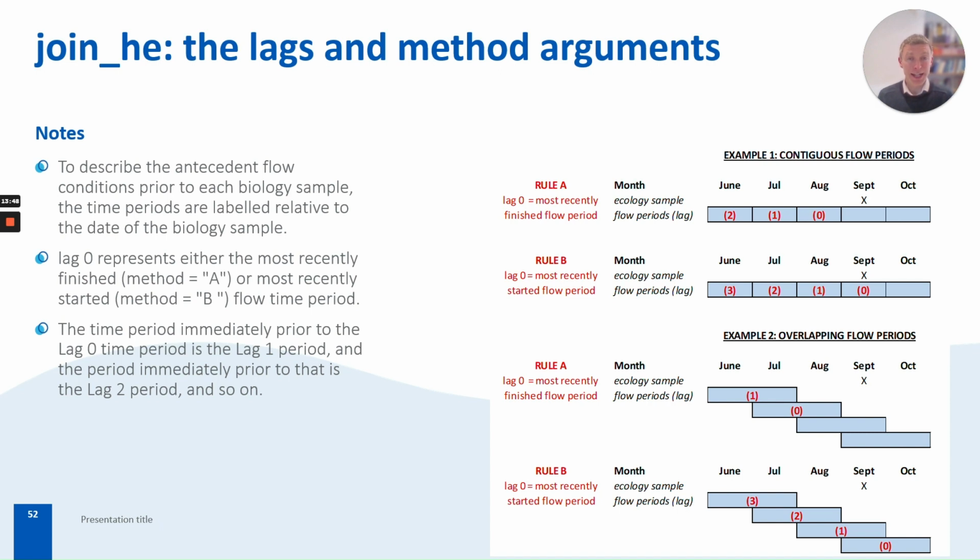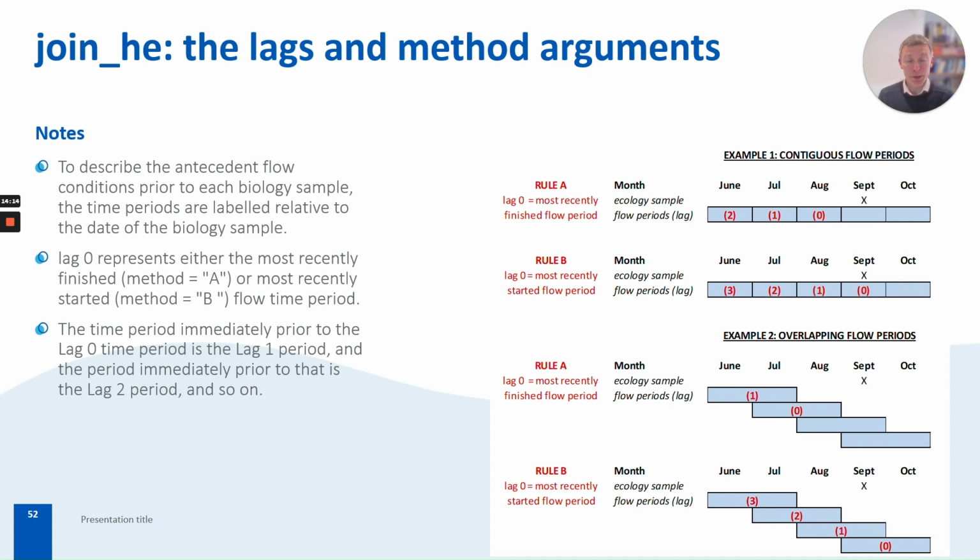Alternatively, we can define lag 0 to be the most recently started flow period, in which case September becomes lag 0, August is one time step before that, July is lag 2, June is lag 3. So the method argument basically sets the numbering of those different flow time periods.